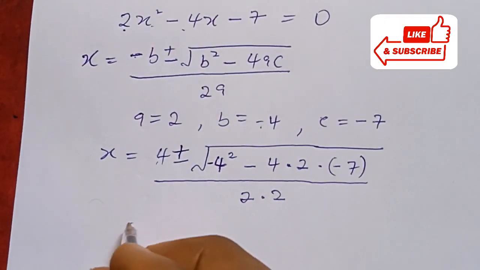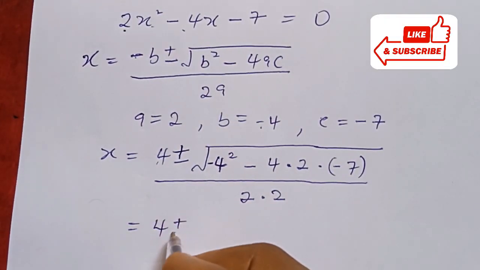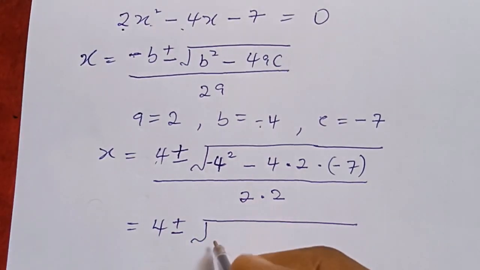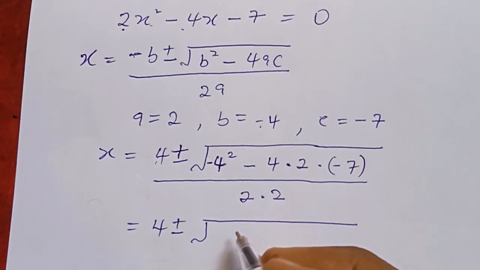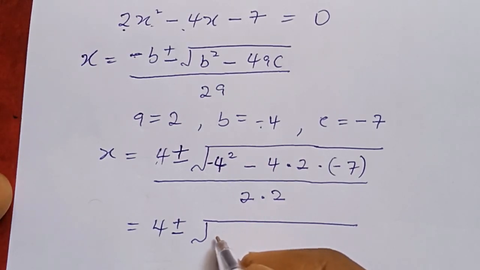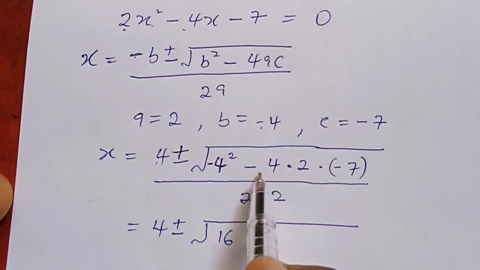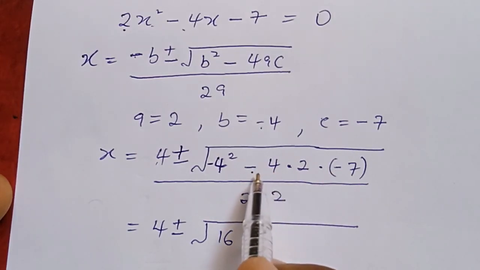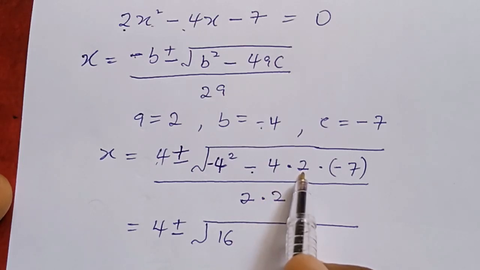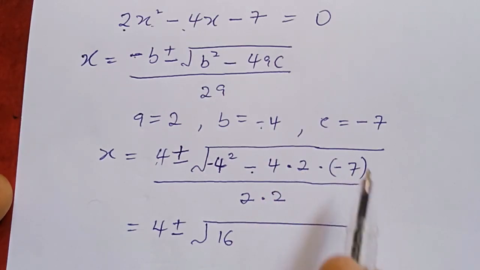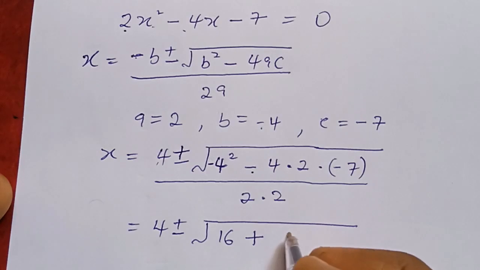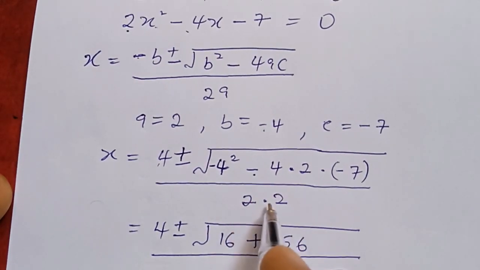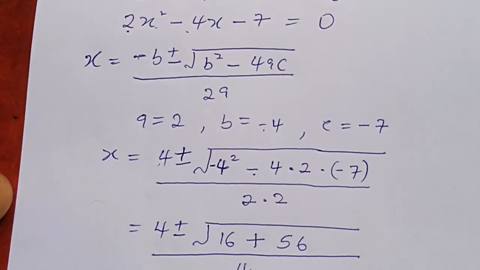So this can be written as 4 plus or minus square root of minus 4 multiplied by minus 4, we have 16. Then minus, we multiply this minus, so we have minus 4 multiplied by 2 multiplied by minus 7, so we have plus 56, over 2 multiplied by 2, we have 4.